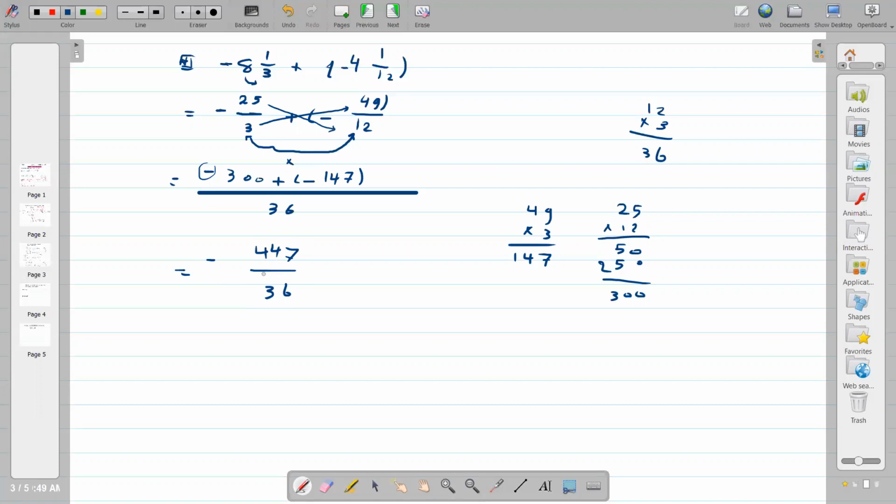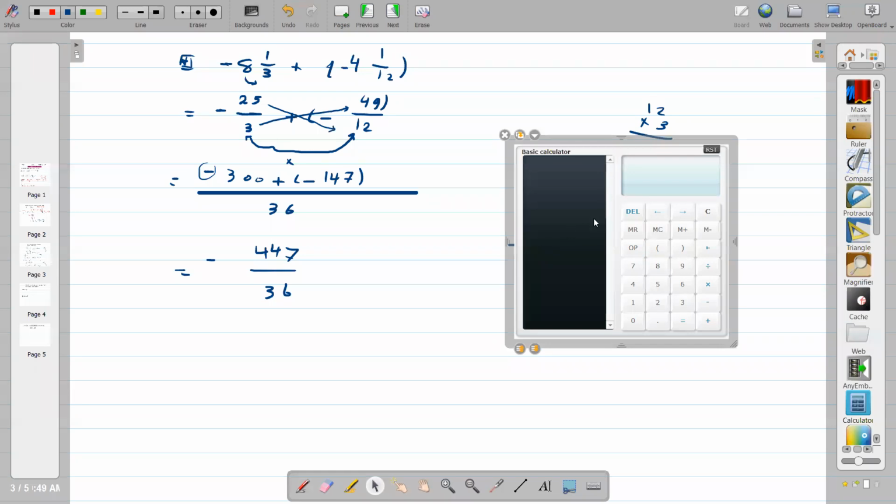We can use a calculator, no problem. 447 divided by 36 equals 12 and a fraction. We can simplify.